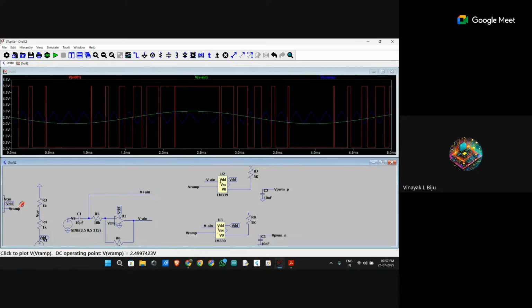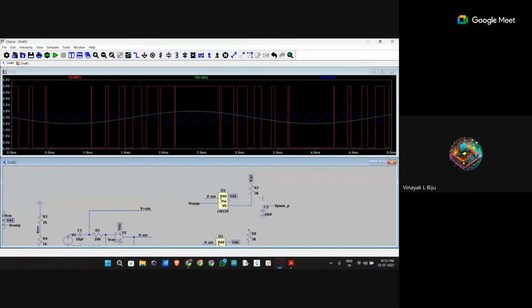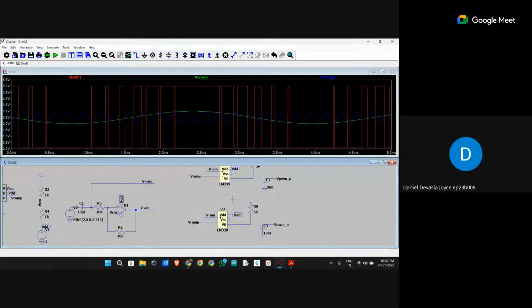And VRAMP is also correct for that. Right. And for some reason, just changing something in U3 is affecting the entire circuit. Yeah. I have tried copy pasting the same thing instead of doing it manually. Then also the same problem. Right.